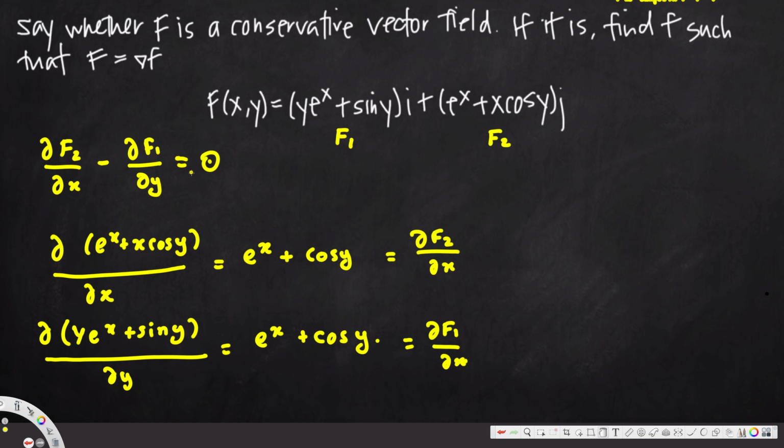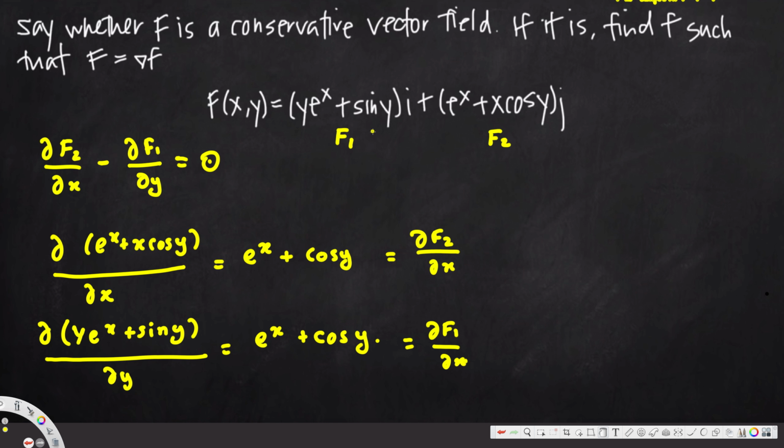Also there are two things you have to confirm. You have to confirm the scalar curl is equal to 0, and also that this function is defined everywhere. There are three conditions where it can be undefined. When a denominator is equal to 0, that's one condition, but there's no denominator here, so there's no way we can get a denominator equal to 0.